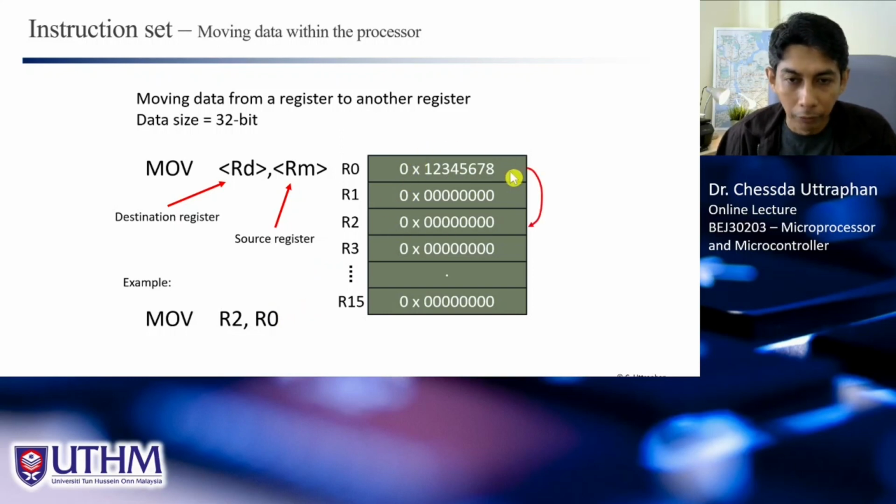And when we run this instruction, the data will go to R2. And when we say move in microprocessor, this is actually copy. Copy means that the previous register here, R0, is still this. We just have a new value in R2. All right. Copy. And why is that?